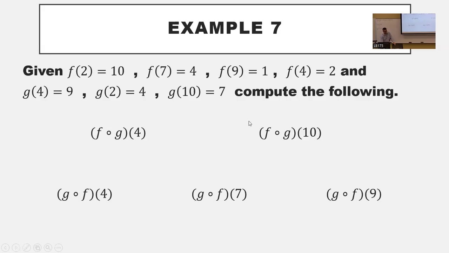So f of 4 is 2. And then that becomes the input for g. So where does g send the number 2? Sends it to 4. So interestingly enough, in that case, g of f of 4 is 4. Input of 4, gives an output of 4.